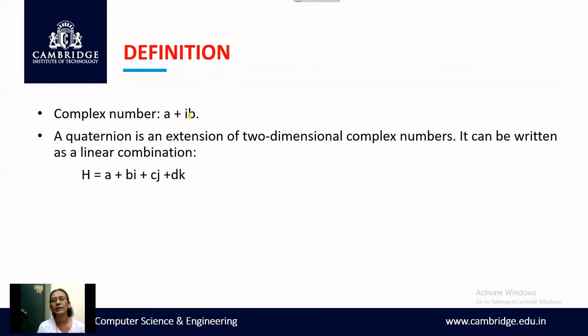You can imagine that the imaginary part is split into three components corresponding to your X, Y, and Z axes. So the complex number A plus iB is now written as A plus Bi, corresponding to the X axis, j corresponding to the component along the Y axis, and k corresponding to the component along the Z axis.